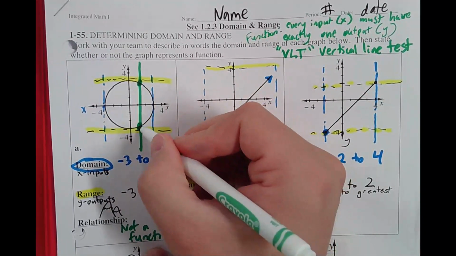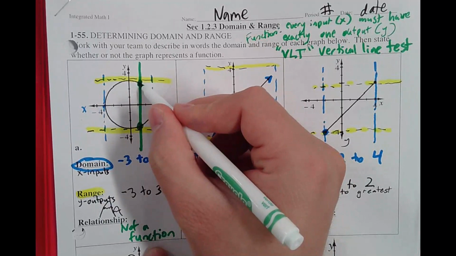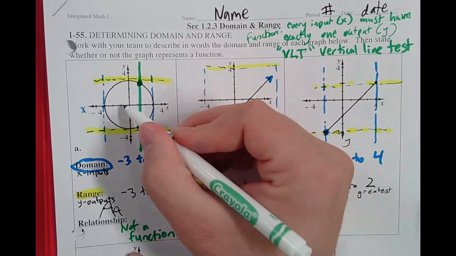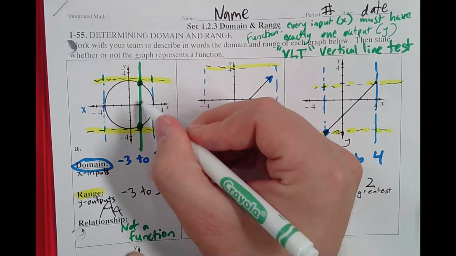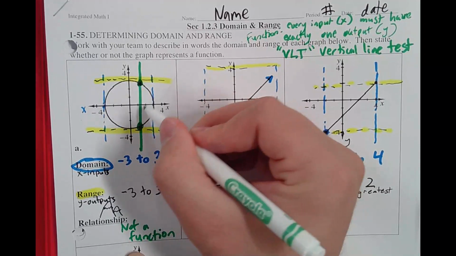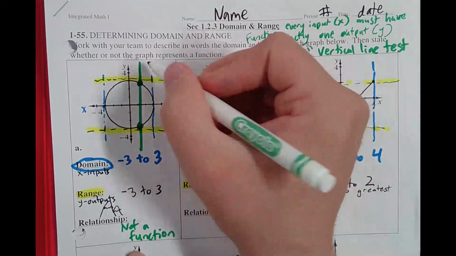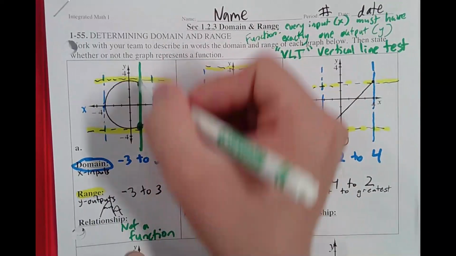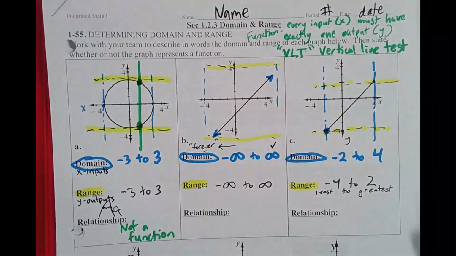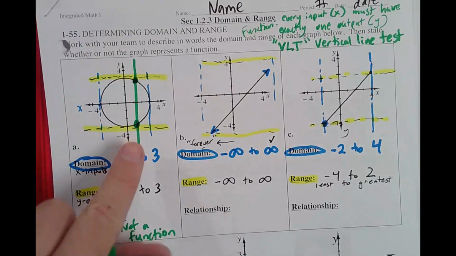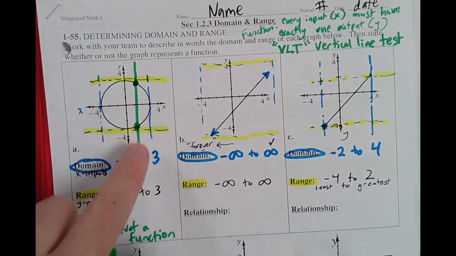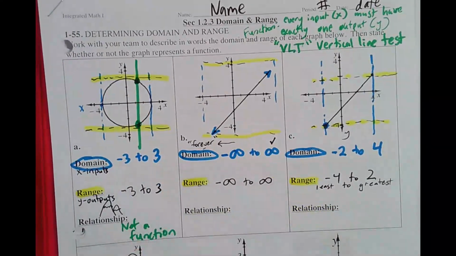Every input has to have exactly one output. Kind of like the vending machines. So this value right here, +1, should have only one y value, not 2. So the vertical line test kind of tells us that pretty instantly, whether it's a function or not. It should only go through one dot. Since it goes through 2, it's not a function.